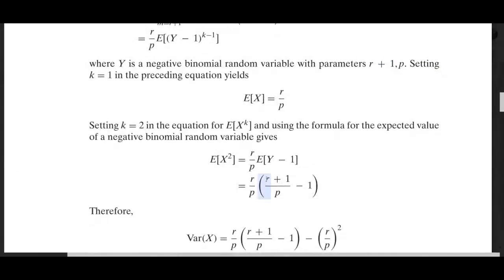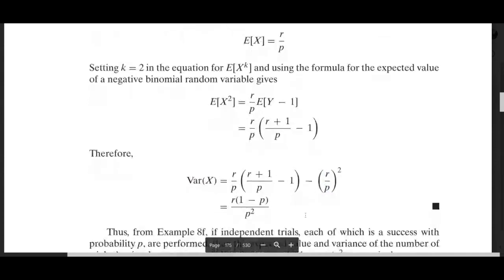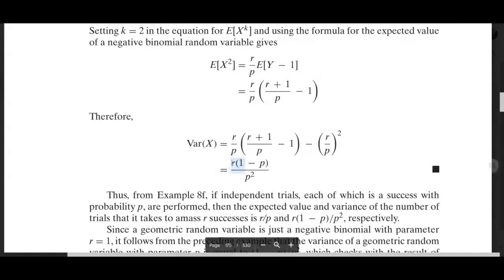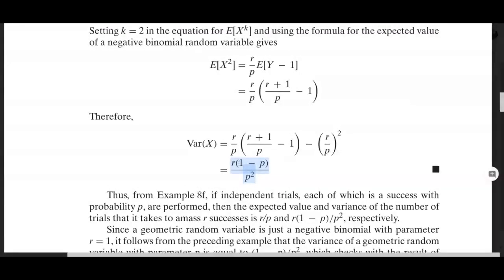So it's just r plus 1 over p minus 1. Then do the calculation. So variance equals E of x squared minus E of x, squared. And what do we get? We get r times 1 minus p over p squared. All right. So that's the variance. So the expected value is r over p. The variance is r times q, if you want to remember it as q, or just r times 1 minus p, the probability of failure, divided by p squared.